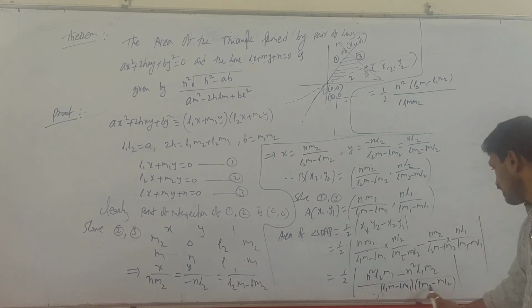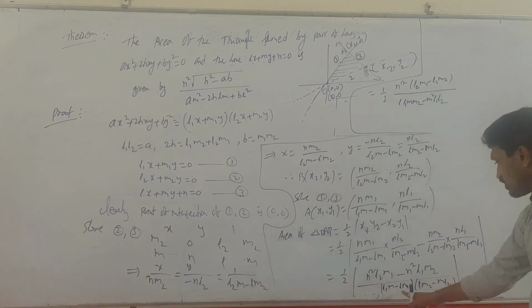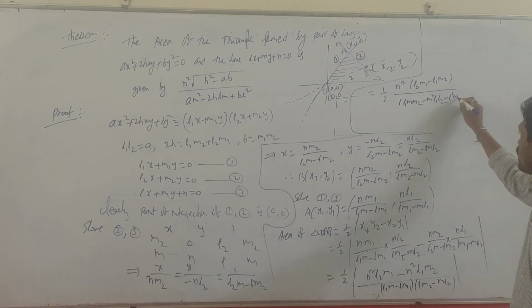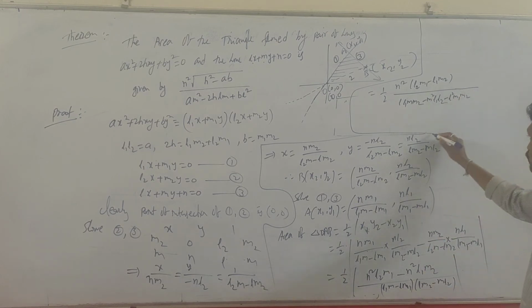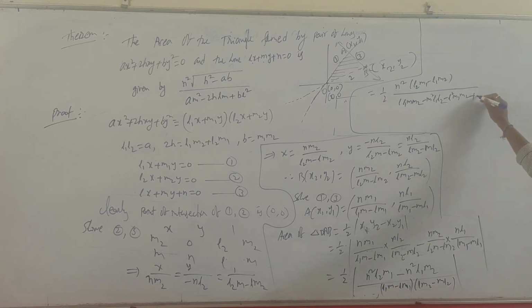Next this one multiply with this one, m square minus m square L1 L2. Next this one multiply, L square m1 m2 minus L square m1 m2. Next one, minus into minus plus L m1 m L2, that means L L2 m m1.